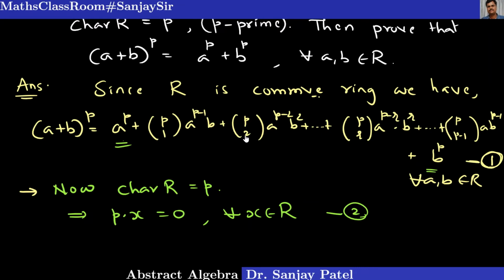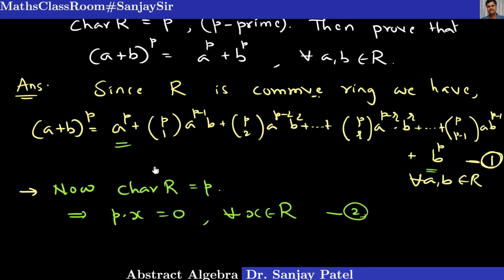So what I need to prove is these all are of the form p into something, or in other words, these binomial coefficients are divisible by p, and that is a known fact.